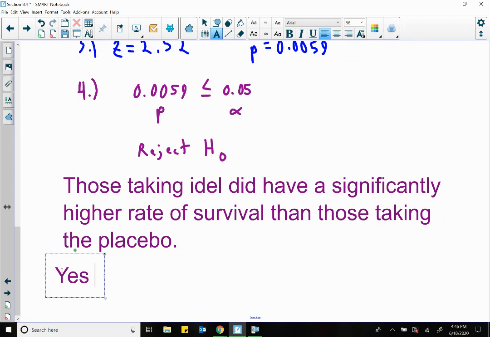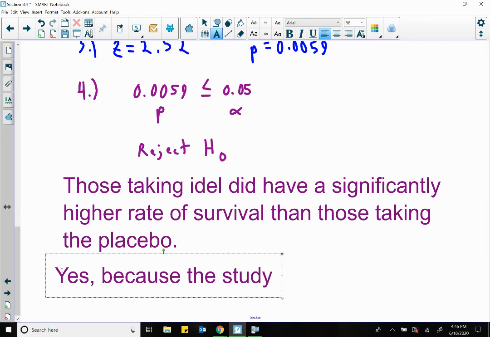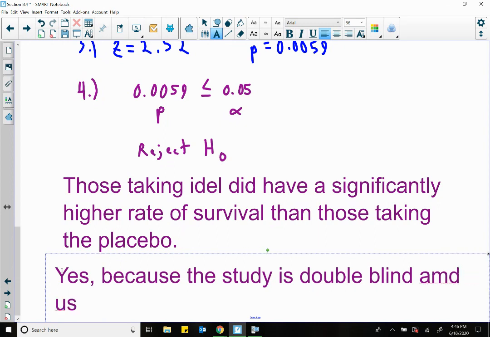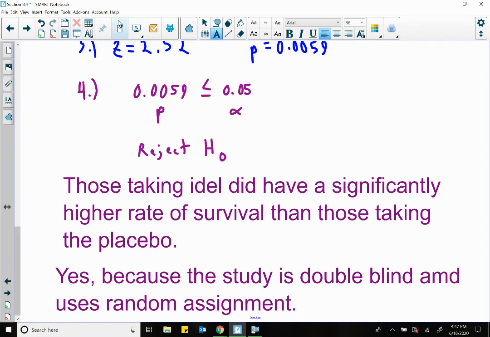So, yes, we can conclude that IDEL causes a higher survival rate because the study is double blind and uses random assignment. Because of those two things, that's why we conclude this.